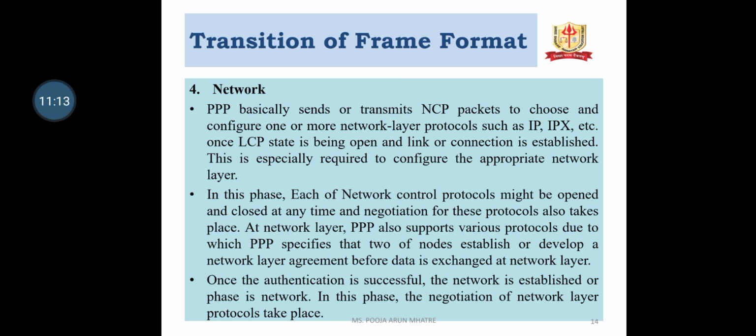At the network layer, PPP supports various protocols, so it specifies that the two nodes establish a network layer agreement before data is exchanged. Once the authentication is successful, the phase is network, and the negotiation of network layer protocols takes place.